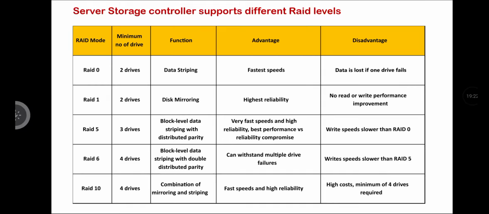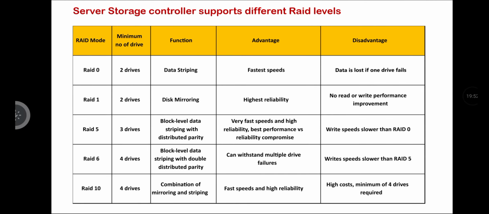RAID 5: 3 drives, block-level data striping and distributed parity, very fast speed and high reliability, best performance versus reliability compromise, but write speed is slower than RAID 0.